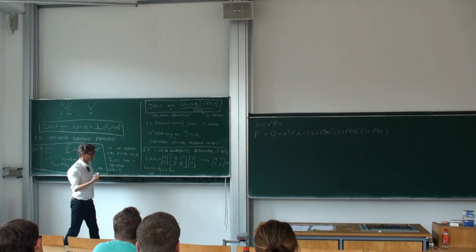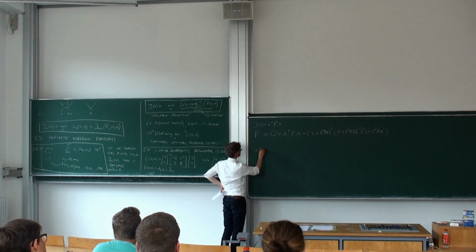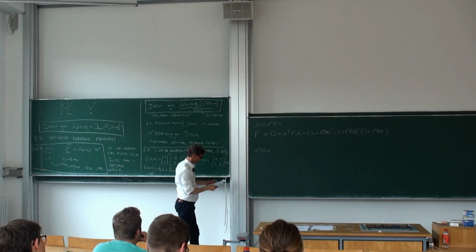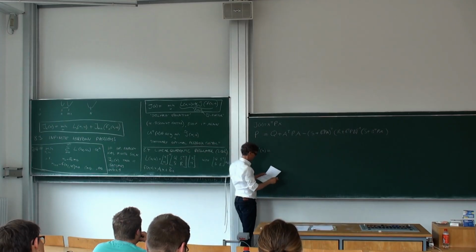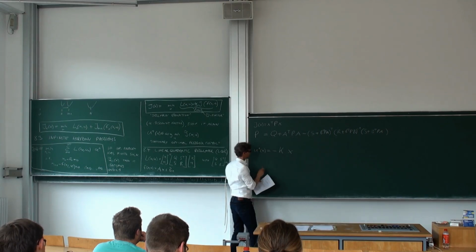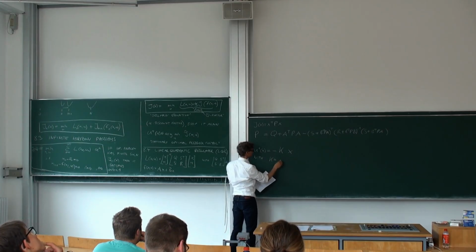We remember that the optimal feedback control, this u of x, was given by a multiplication with a gain, which we could call K. It was just a linear function. The K is the same that we computed last time, so I will not repeat it.